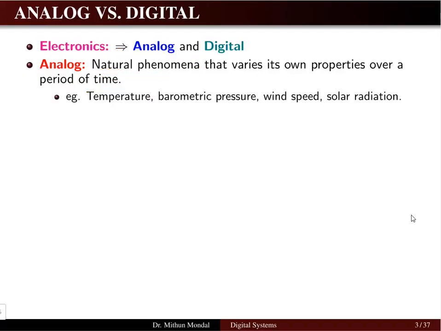We can take the example of temperature, barometric pressure, wind speed, solar radiation. If these natural phenomena we are measuring over a period of time t, then that is the analog measurement. So we will have analog measurement devices which measure these physical quantities.